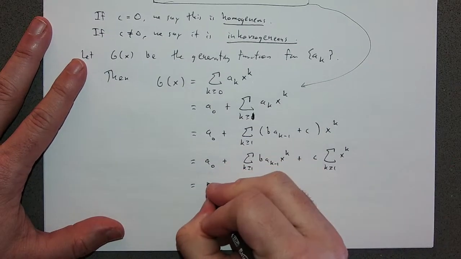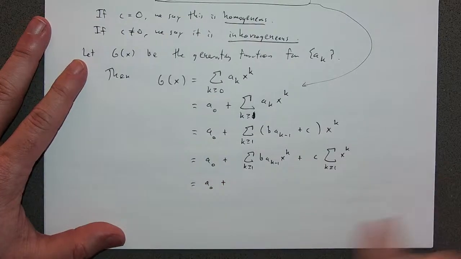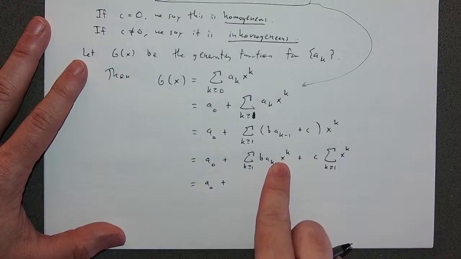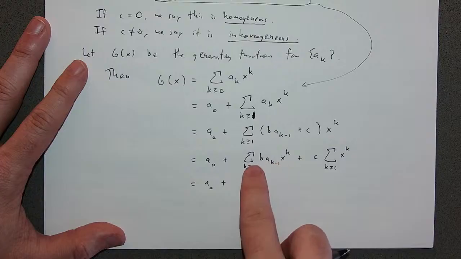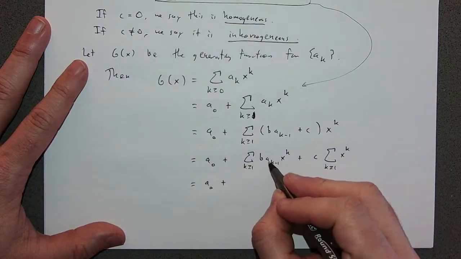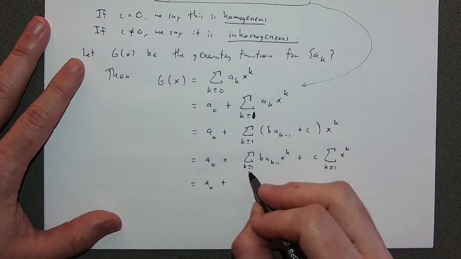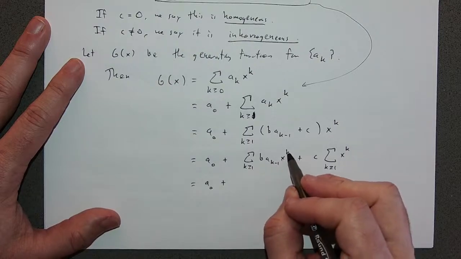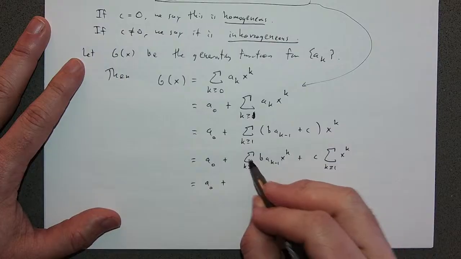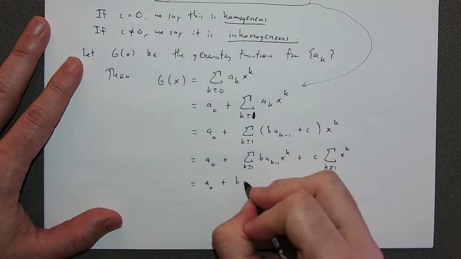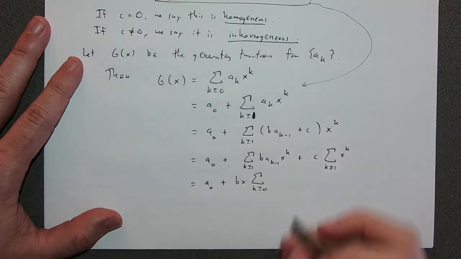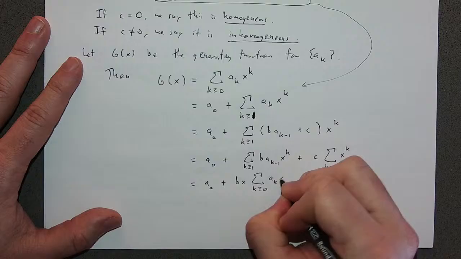So reindexing, if I reindex this, replace k minus 1 with k, this sum starts at 0, pull this extra copy of x out of the sum, so that this would be b times x times the sum k greater than or equal to 0, a sub k x to the k.